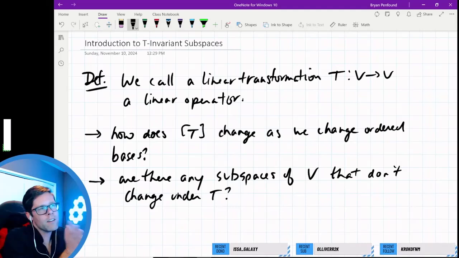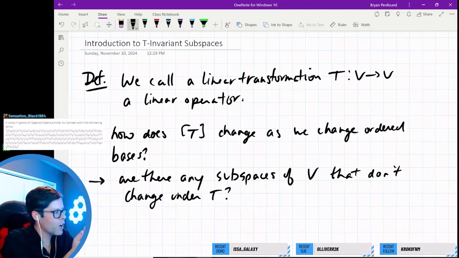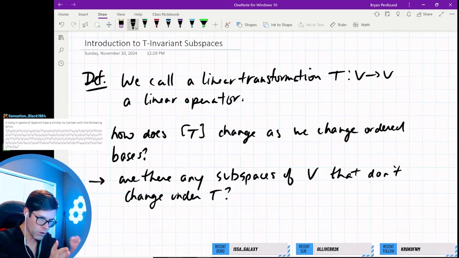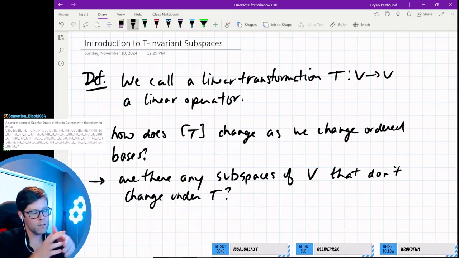So, this choose your own adventure can go on in a couple of different ways. We could think a bit more about the kernel, and we could start thinking about stuff that gets mapped to the zero vector. In some sense, what's the dimensionality that I lose as I move my way through T?